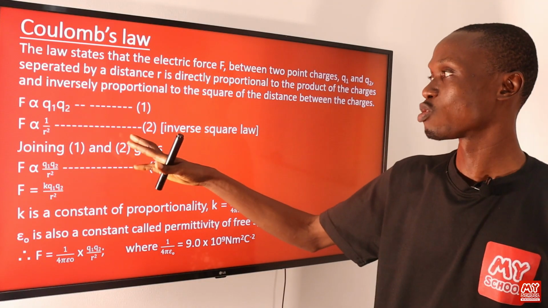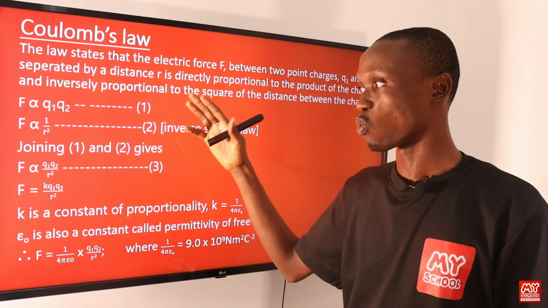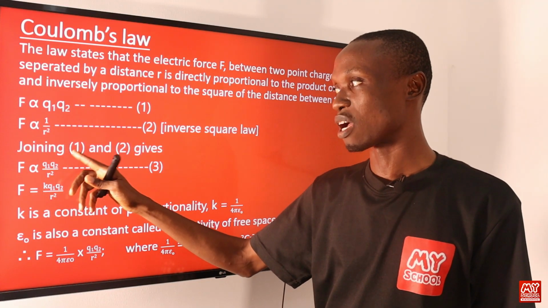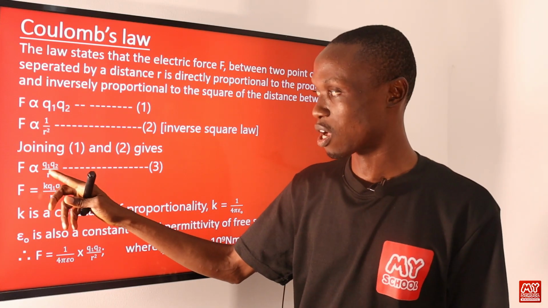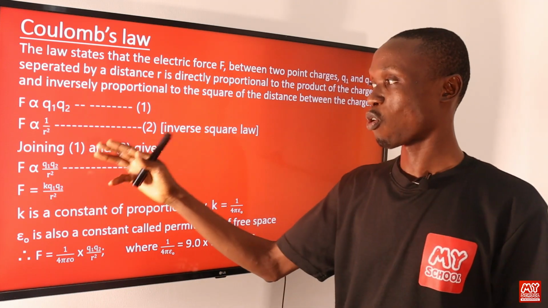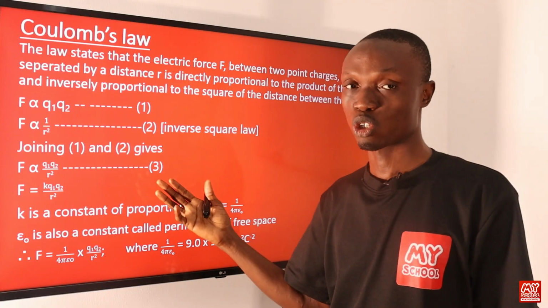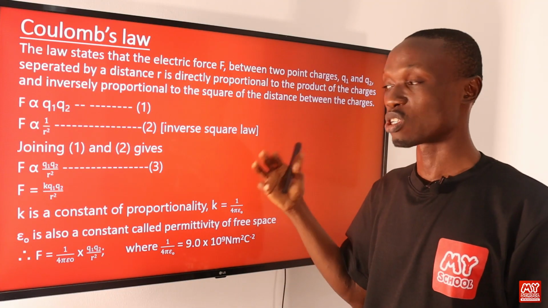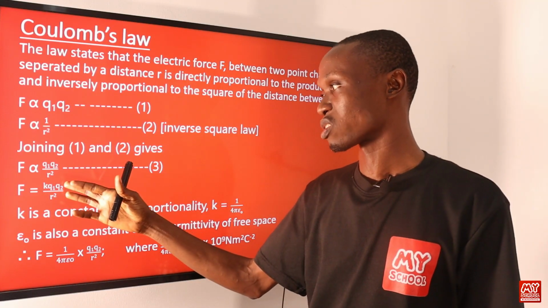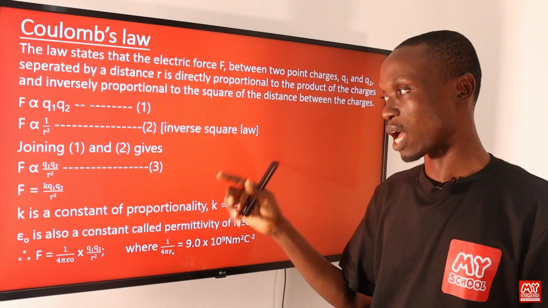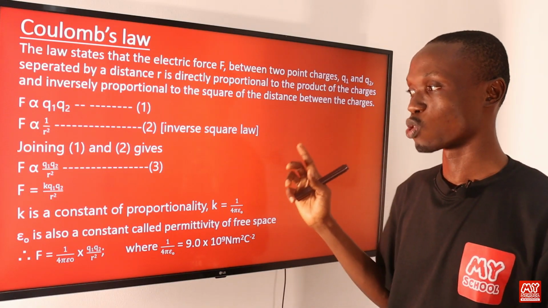So combining these two equations together, equation 1 and equation 2, we have F being directly proportional to Q1 and Q2 and inversely proportional to R squared. Of course, this is just a relationship, it's not an equation. So to make it an equation, we have to introduce a constant. So introducing a constant, we have F equal to K Q1 Q2 all over R squared.